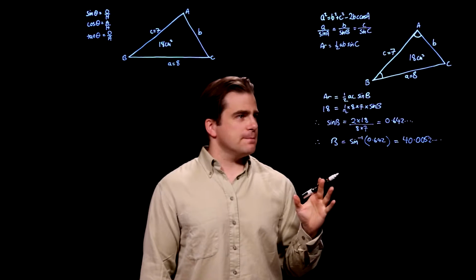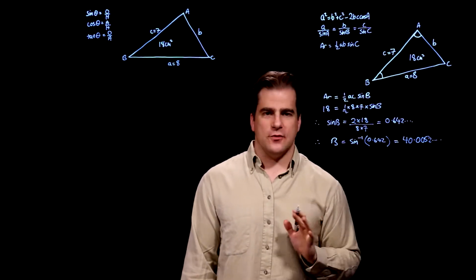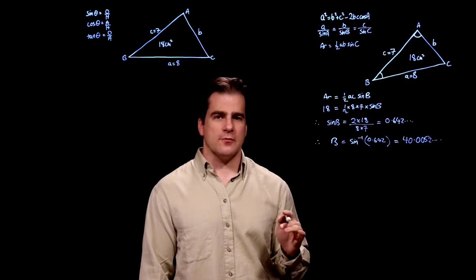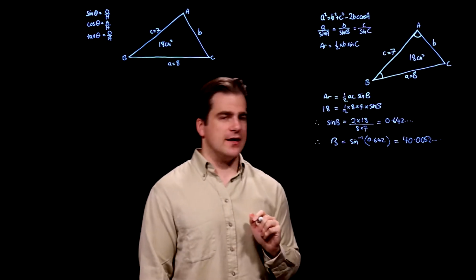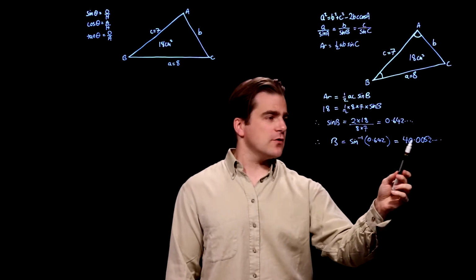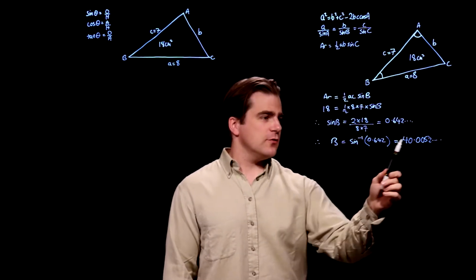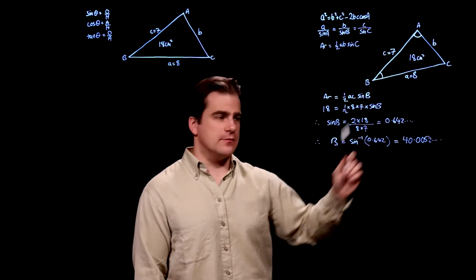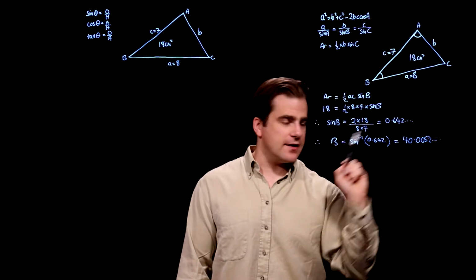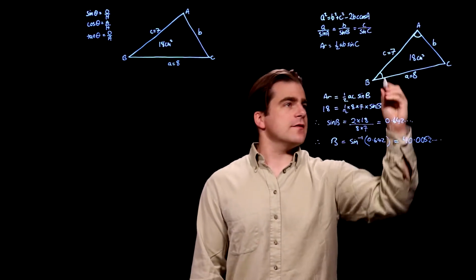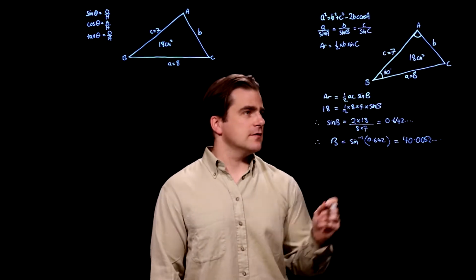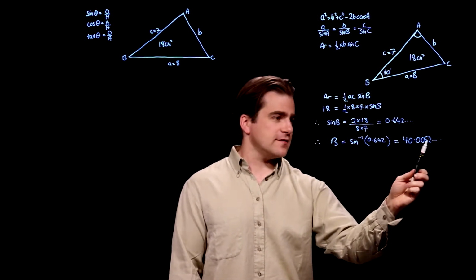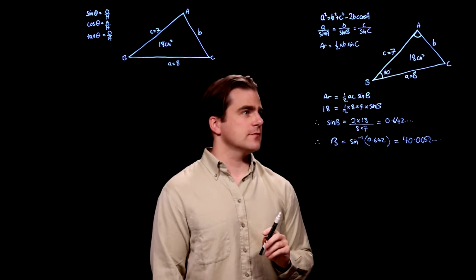Now, you can work with exactly 40 degrees from here on if you want, but it's much preferable, again, to get that in your calculator's memory and work with the exact value, 40.0052, whatever. So that's B. I'm just going to write it as 40 here, but we're always going to work with the exact value from the memory.